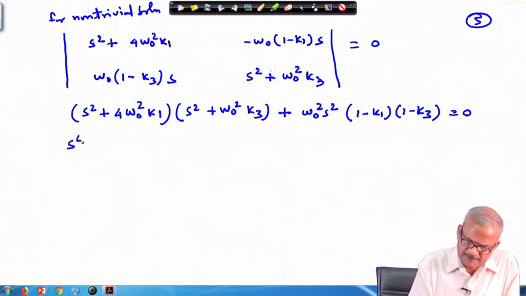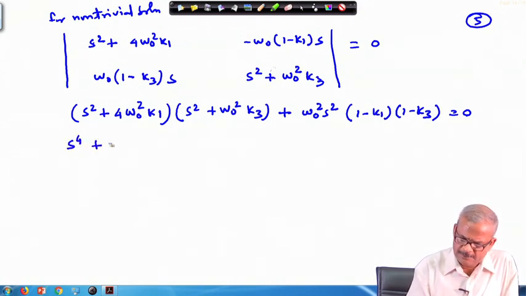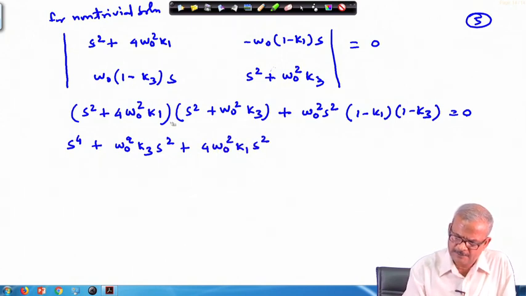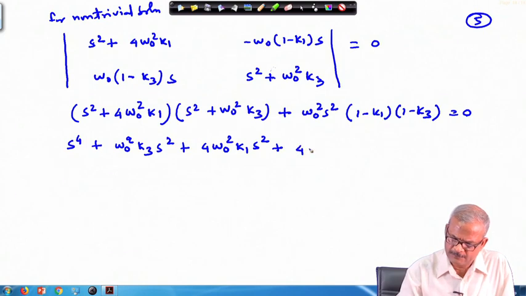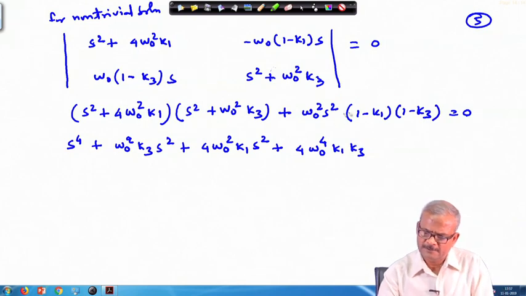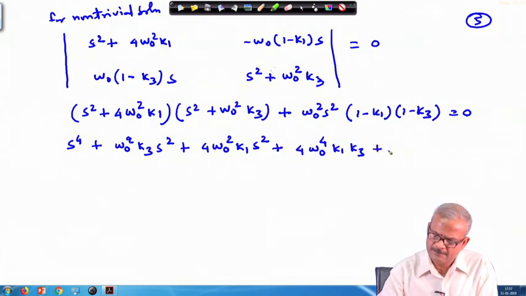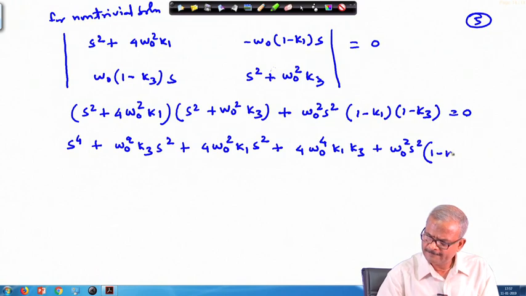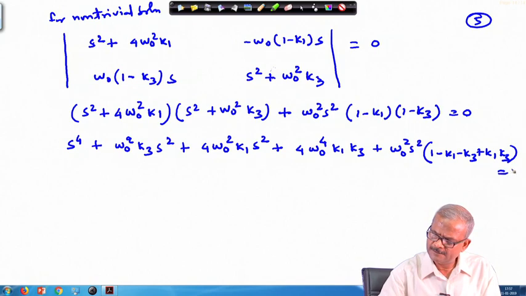So, this quantity gives us s to the power 4 plus omega 0 square k 3 times s square plus 4 omega 0 square k 1 times s square, and this one gives us 4 omega 0 to the power 4 k 1 times k 3, and from here we have omega 0 square s square, and this also we can expand. So, this will be 1 minus k 1 minus k 3 plus k 1 times k 3, and this equal to 0.